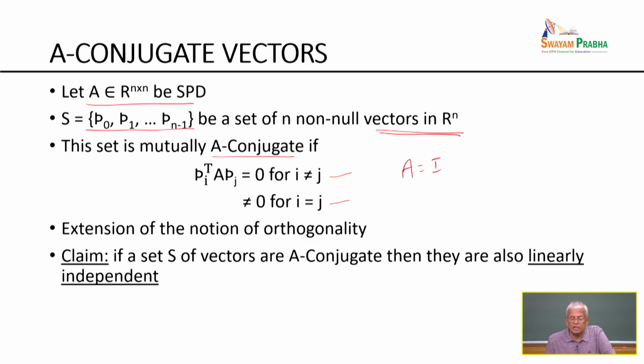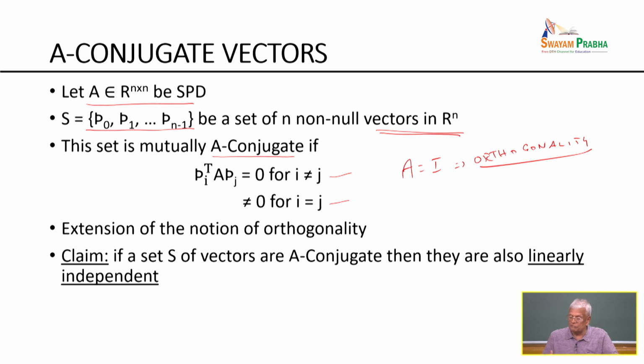If A is identity, it becomes orthogonal. So, to invent a method that can converge in finite time, they introduced this notion of A conjugacy.